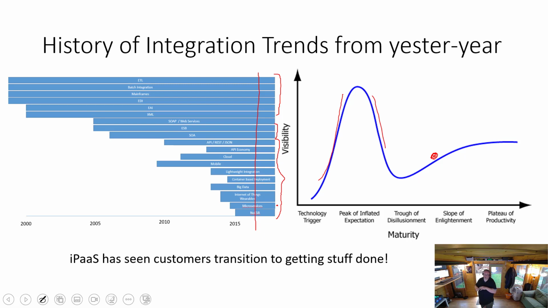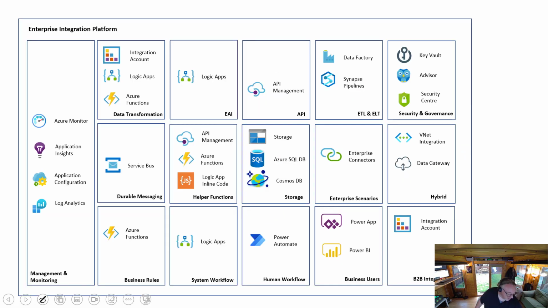It's more just getting on with it and getting stuff done rather than worrying about which buzzwords we use. I think that's a really great place to be from a Microsoft integration perspective, getting things done and delivering value for customers.